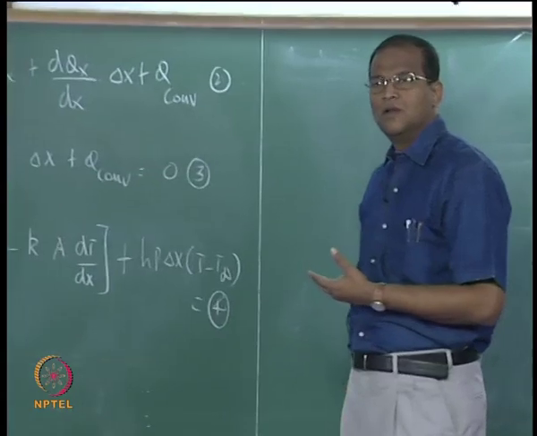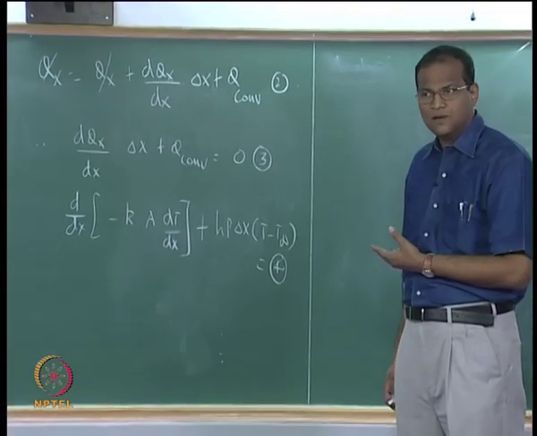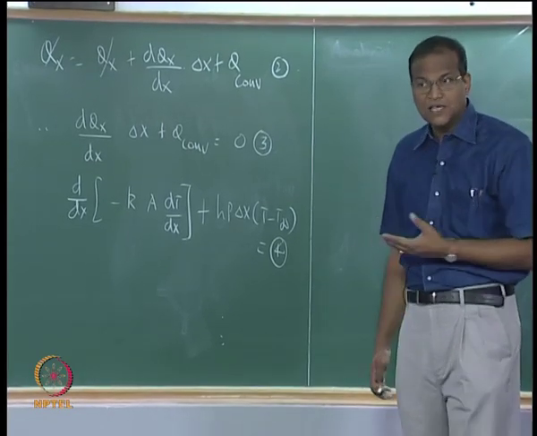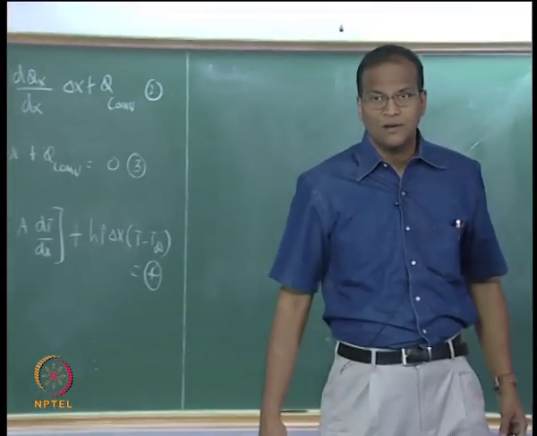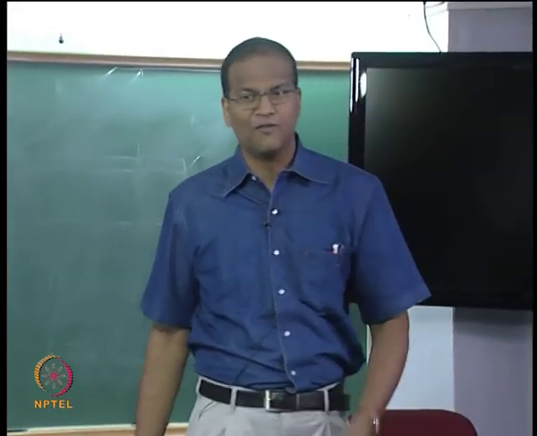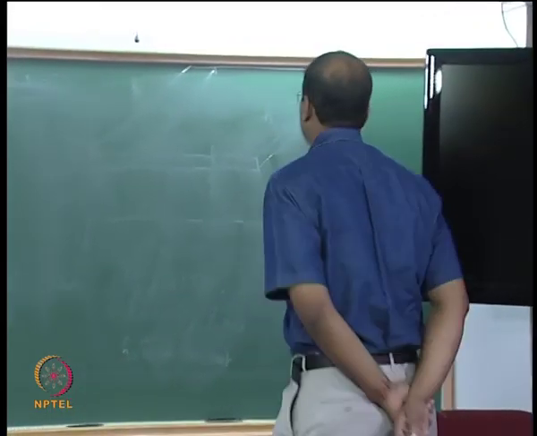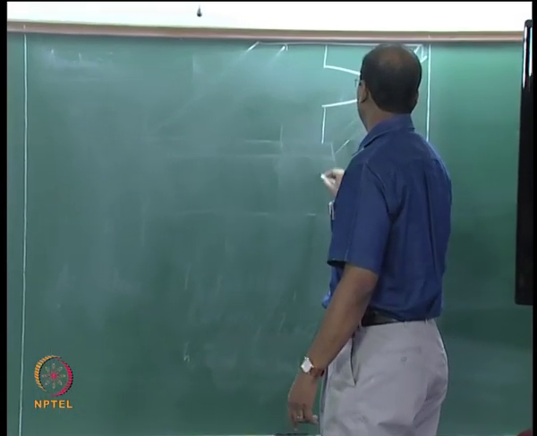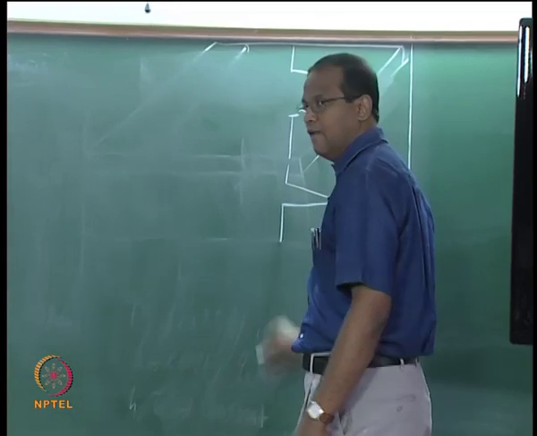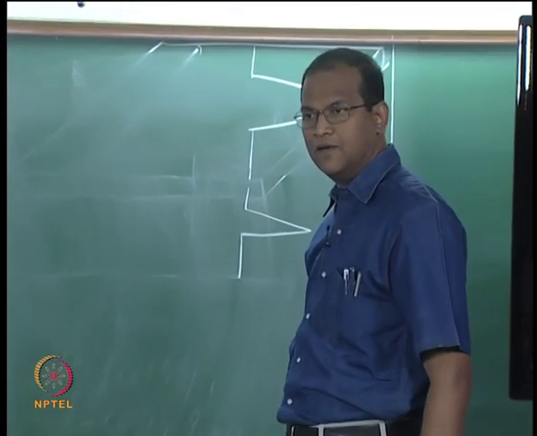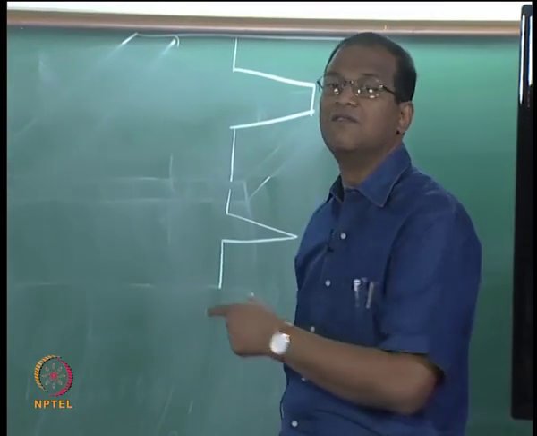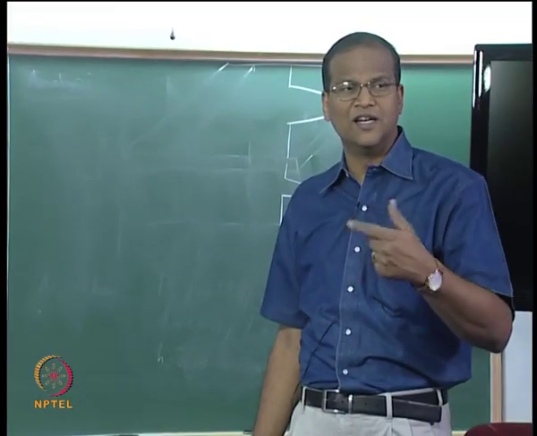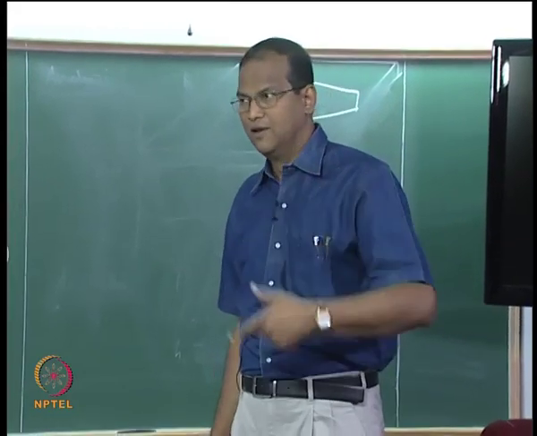So did we say that K is a constant? Yes. A is a constant? A may not be constant, but for our consideration we have taken a rectangular fin of a constant cross sectional area. But suppose I have a fin like this, or I have a fin like this, then I am in trouble, but that will lead to Bessel functions, modified Bessel functions, first kind, second kind, K naught, I naught, K1.